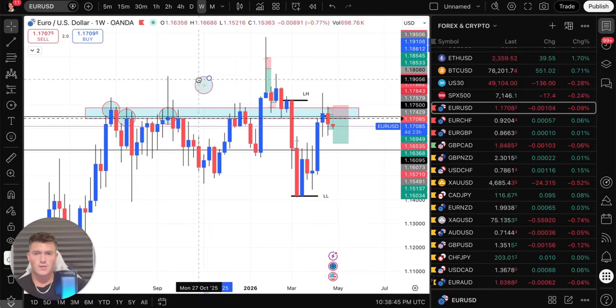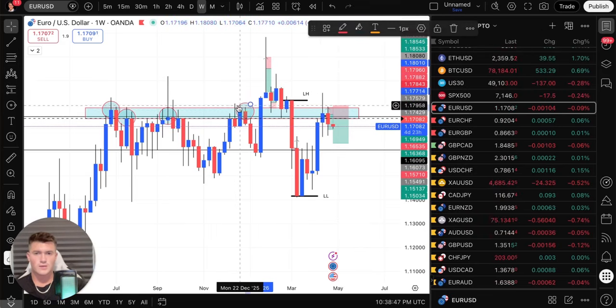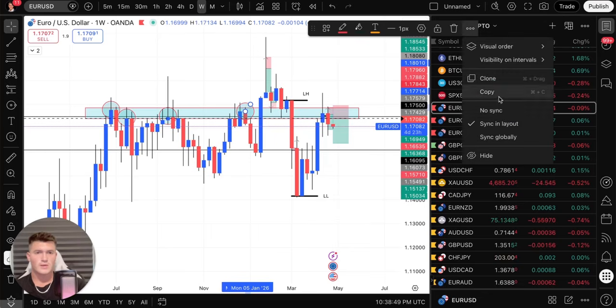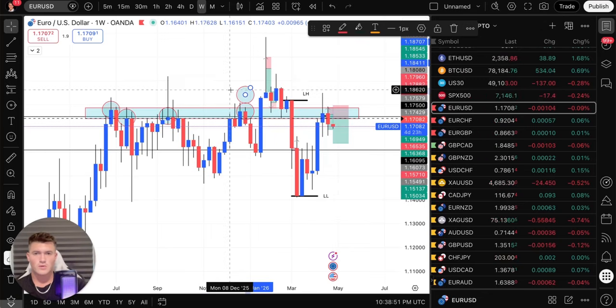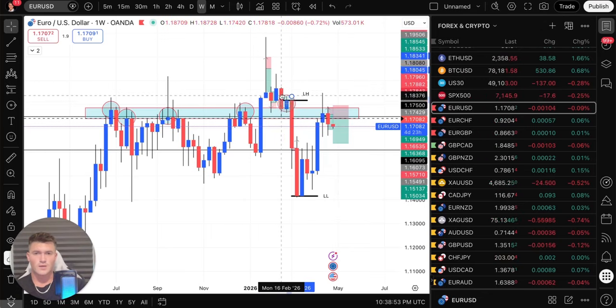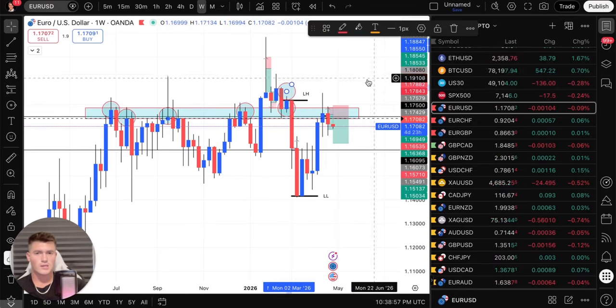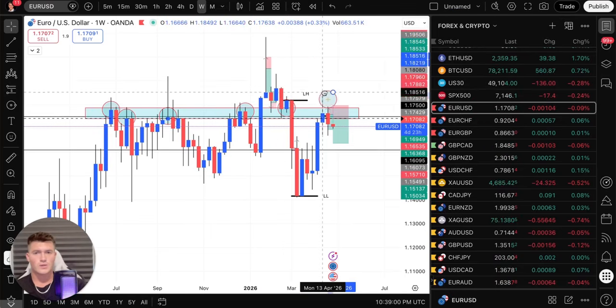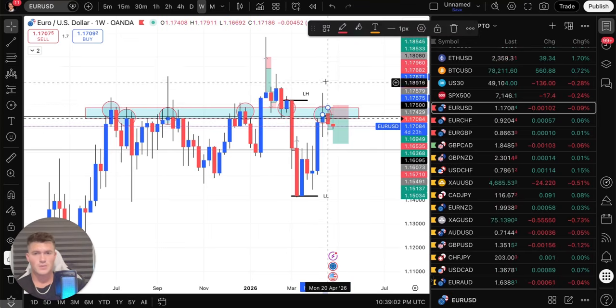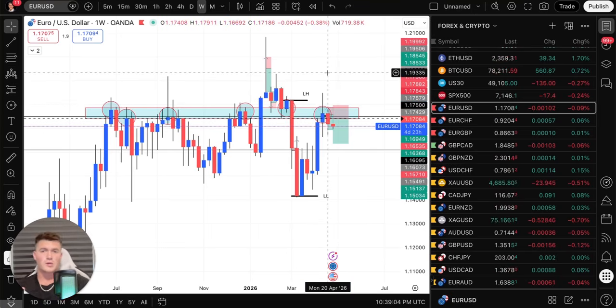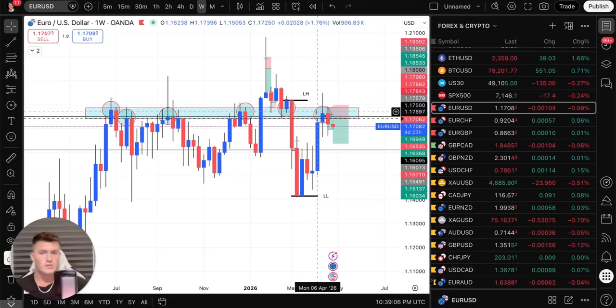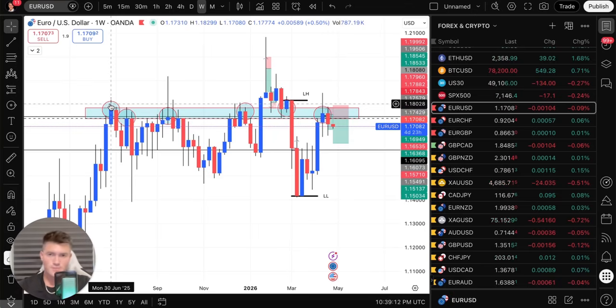We've got another one here. We've got another one here. And then we just created another one here last week. So this area of interest consists of 1, 2, 3, 4, 5, 6 touches.